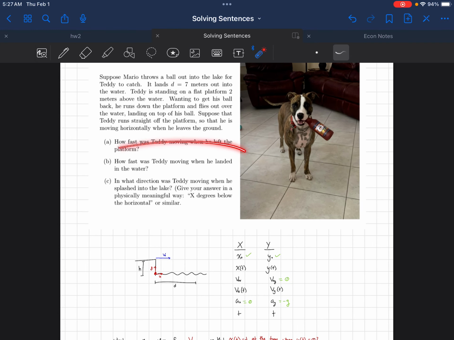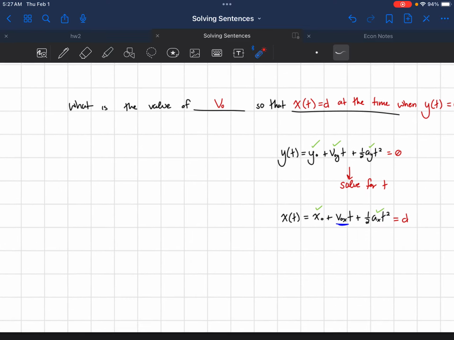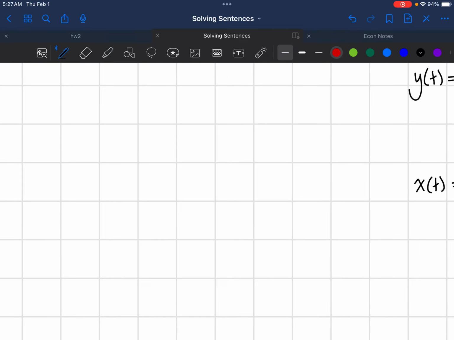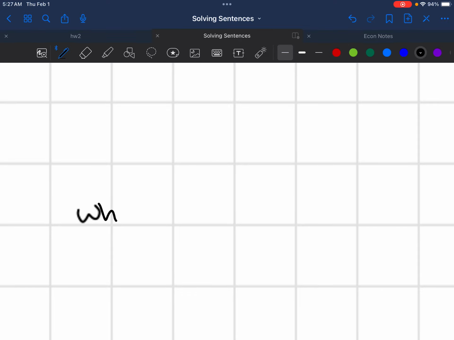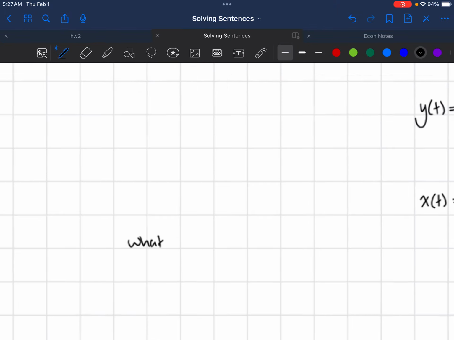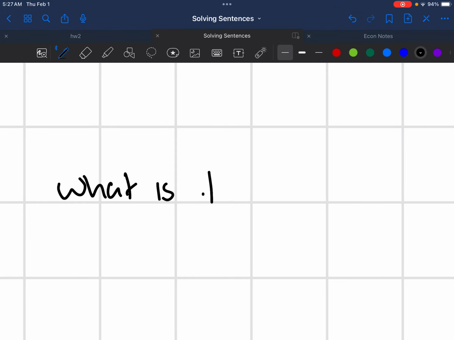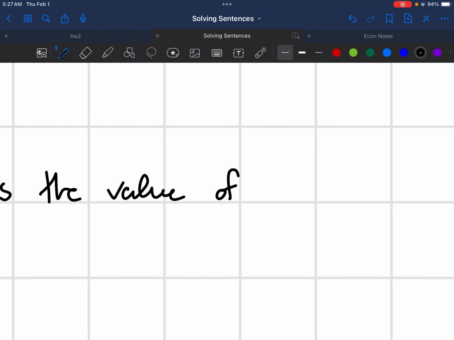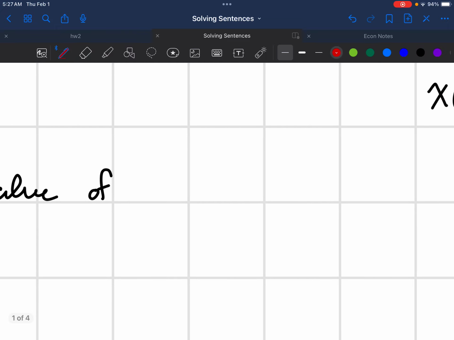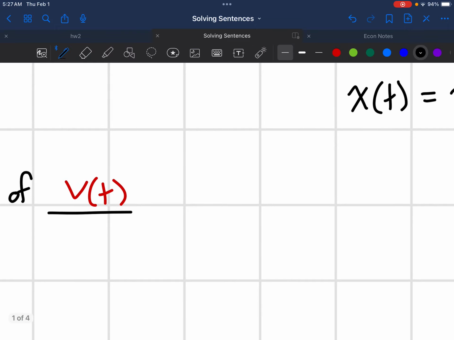Now we want to know, how fast was Teddy moving when he landed in the water? Well, again, how fast was he moving? That would be my velocity, right? My velocity at the time when he hits the water.